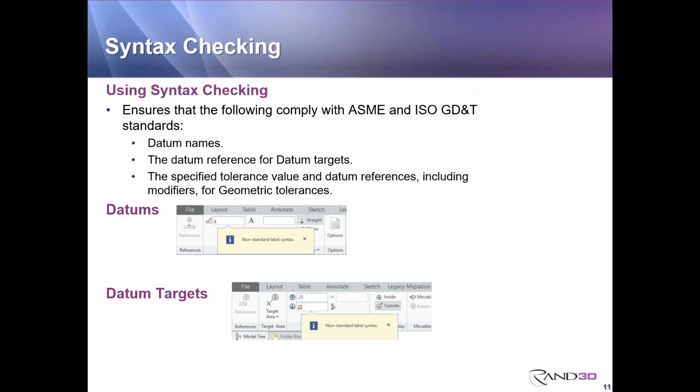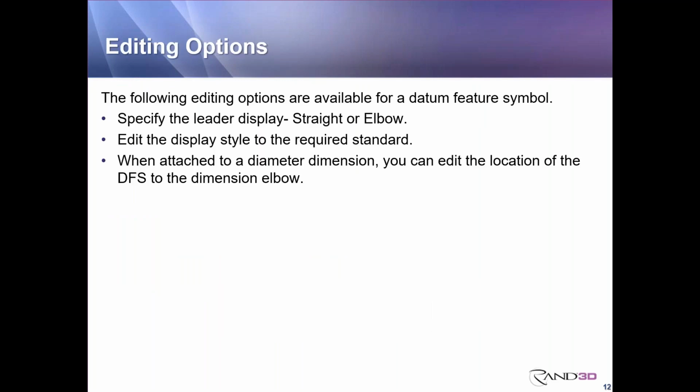From here, let me go to the next slide. When it comes to editing options, the following options are available in a datum feature symbol. You can specify the leader display. As we said earlier, you can choose the leader style as either straight or elbow. You can edit the display style to use an appropriate standard like ASME Y14.5, for example.